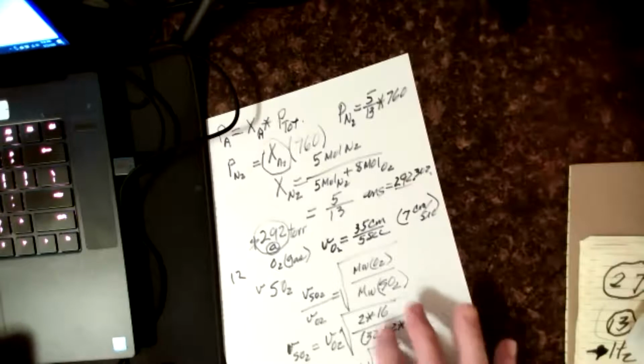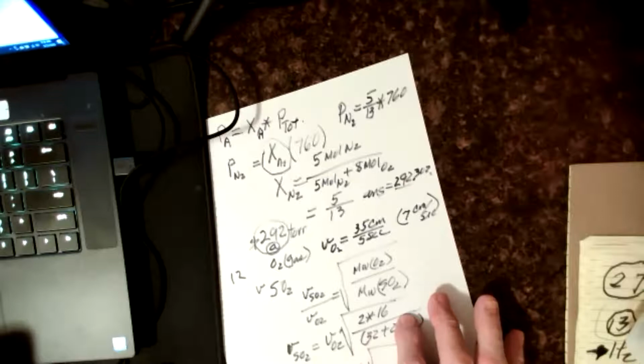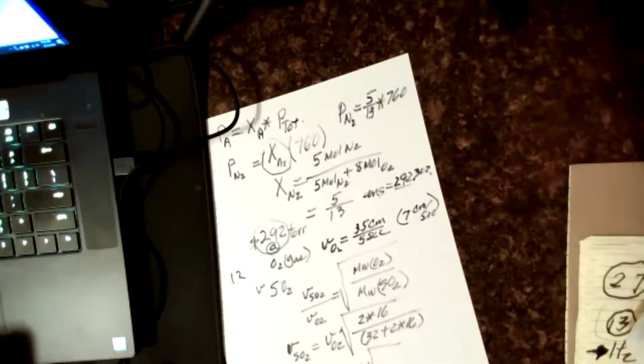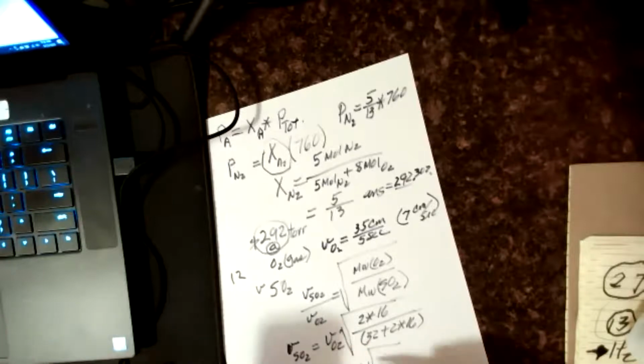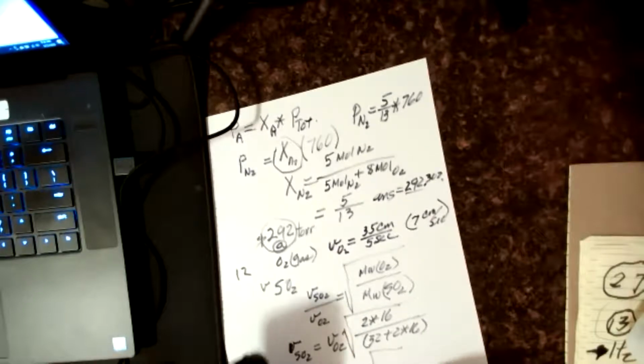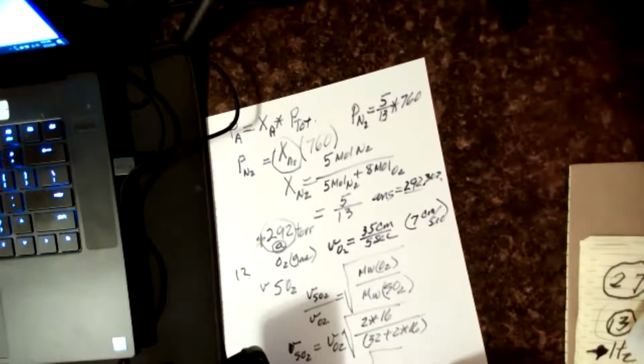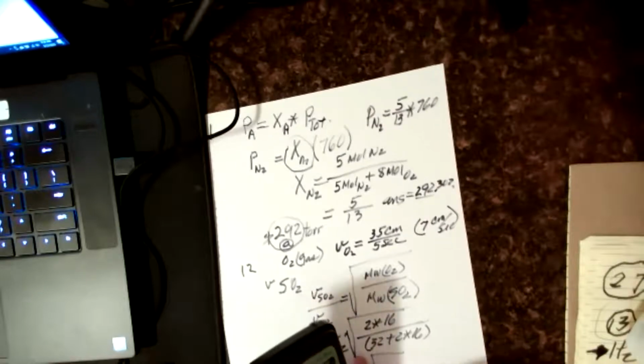And if I do that, this reduces to 0.5. Now I want to take the square root, and I get 0.707. So the velocity of the SO2 is 7 times 0.707, and this is going to be in centimeters per second.